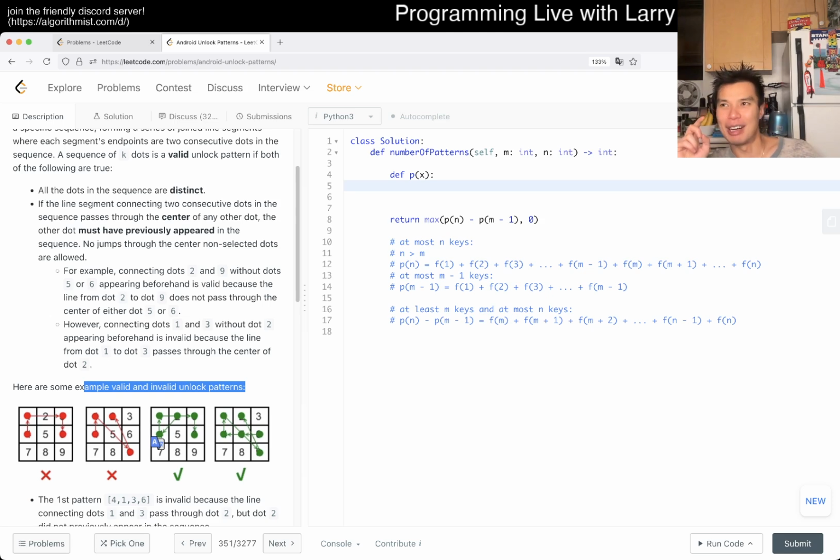Well, not a horse, a knight move. Sorry, I sometimes call a knight a horse. Like in chess, you have a knight's move, and it looks like a horse, so I call it a horse move. Which means 2 by 1, and that's the only other move. So up, down, left, right, and then 2 by 1, the knight's move.